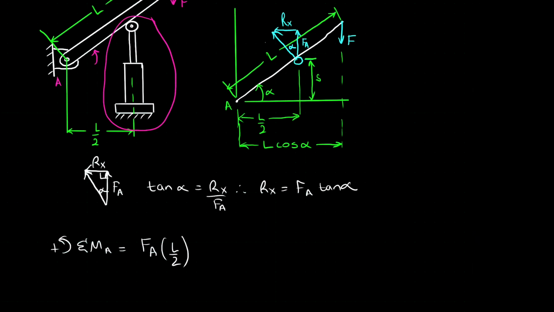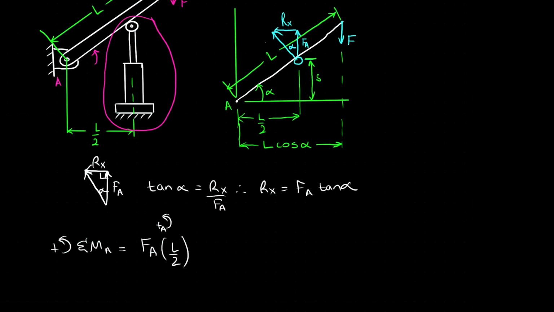And that is acting in the positive direction about pivot point A, so it is positive. Then Rx is also acting in the positive direction about A, and we have the perpendicular distance from A as S in our diagram.